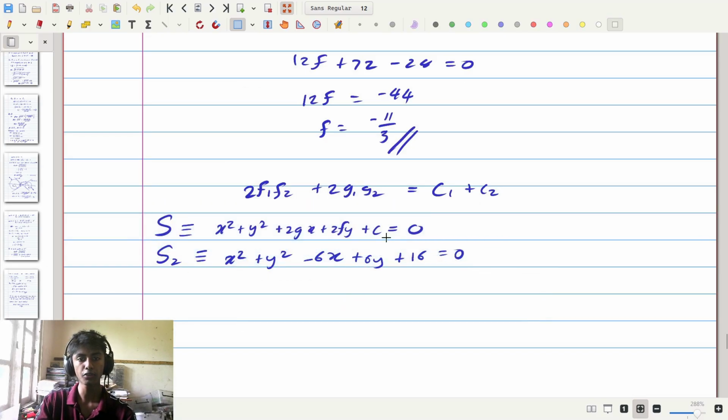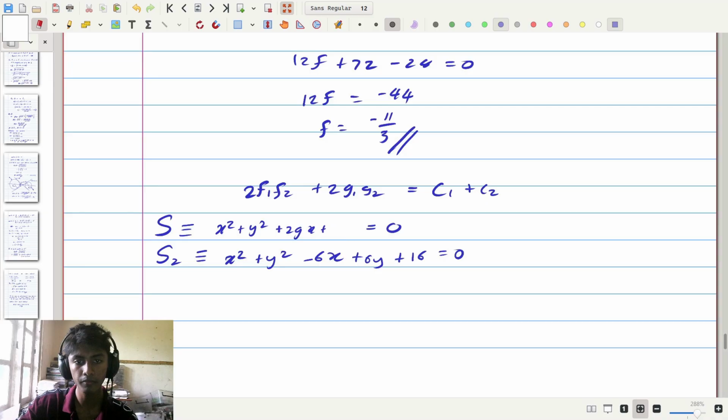Here we have to substitute c equals 0, and also substitute f, which is equal to negative 11/3. So we can substitute into here 2 times negative 11/3 times y equals 0.